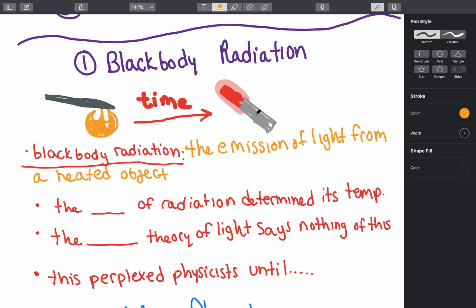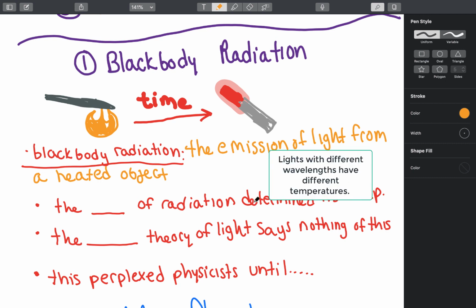So why would black body radiation not be described by the wave theory of light? Well, it's because when physicists looked into black body radiation, they noticed that lights of different colors actually emitted different temperatures.